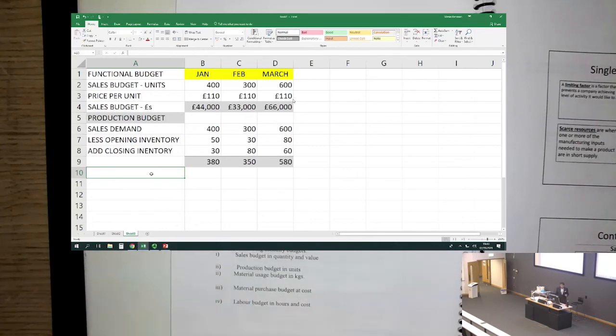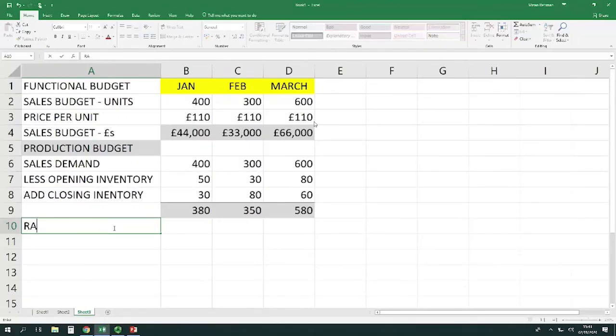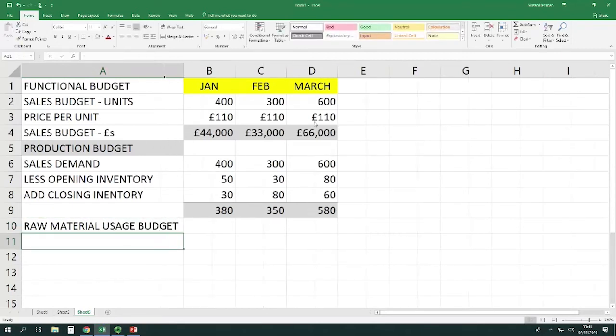So the raw material usage budget. Product X requires 3 kg of material ZD. So let's calculate how much.